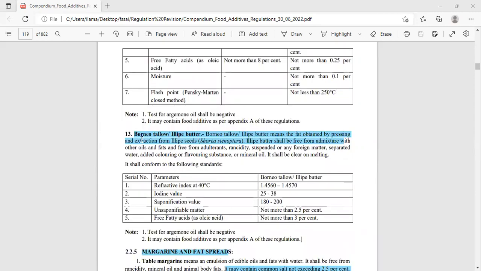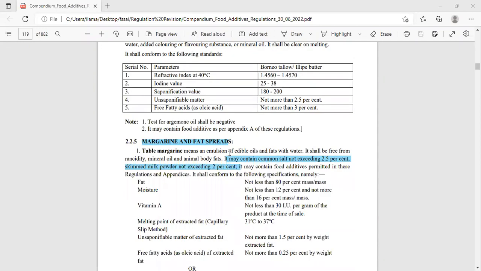Here, illipe butter means it is obtained from illipe seeds. So it is also a type of butter, and it should be free from admixture with other oils and fats. And next, margarine and fat spreads. Go through its salt percentage and milk powder added value.